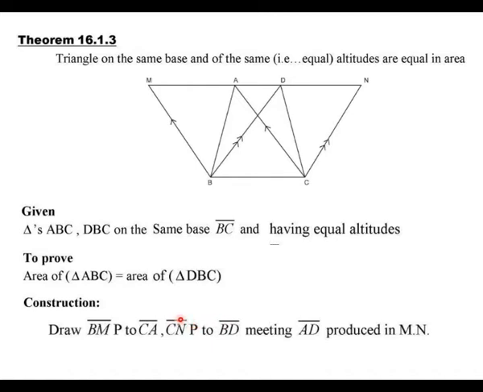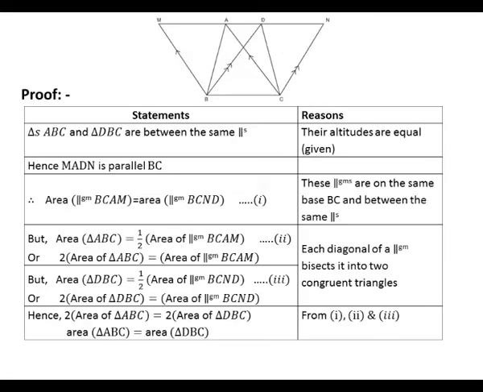This P means parallel. This is CN, parallel to BD, meeting AD produced in M and N. Produce this line D to the right side till N, and produce A to the left side till it meets M.